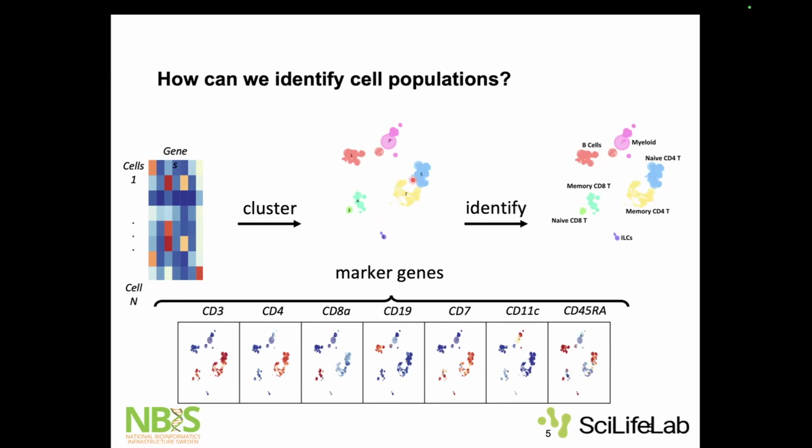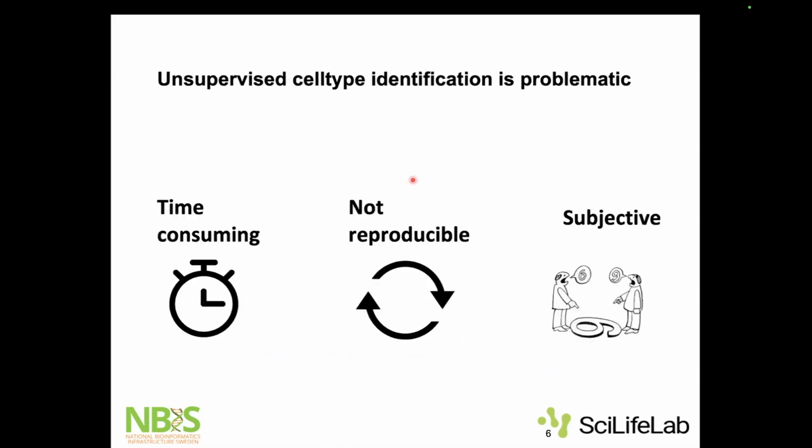The other way is that you can do it in a data-driven way, the way that, for example, you did with differential expression. You extract the differential expression marker genes for each cluster, and then extract the top significant ones, map them on the cluster, of course, and then look into them and see if you can annotate them. This is unsupervised cell type identification.